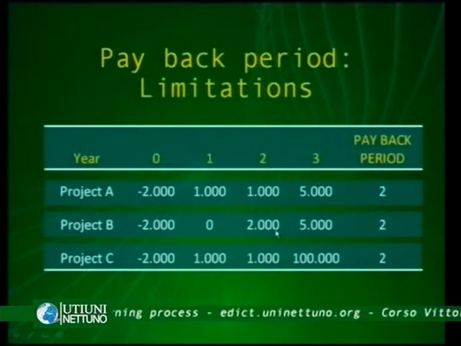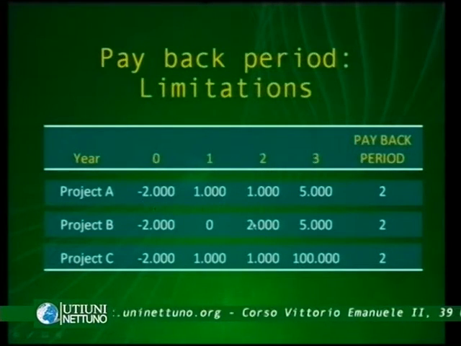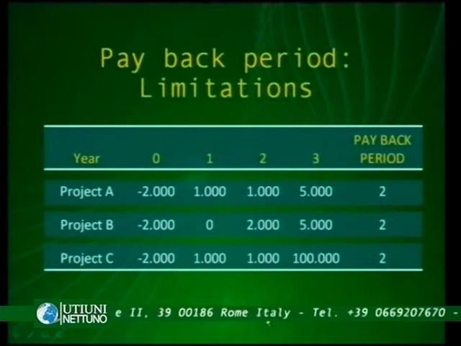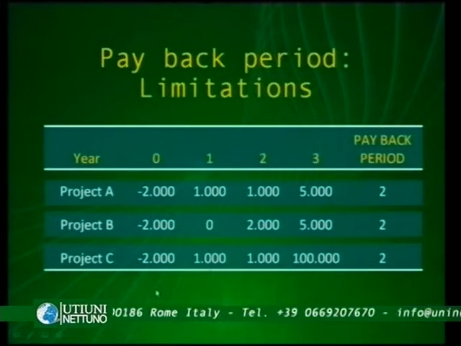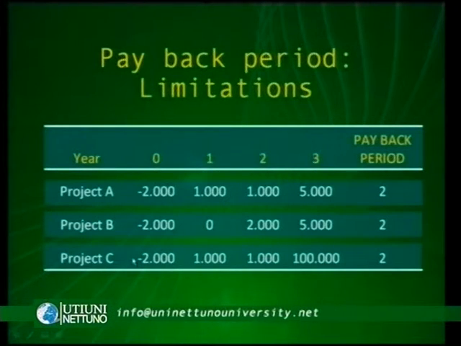Also for project B, the accumulated cash flow at time 2 is equal to 0, because in year 2 you have an inflow of 2,000 that fully covered the initial investment. And also for project C, you have accumulated cash flow equal to 0 at year 2, because the 2 inflows at year 1 and year 2 are equal to 2,000 and are able to recover the initial investment of 2,000.